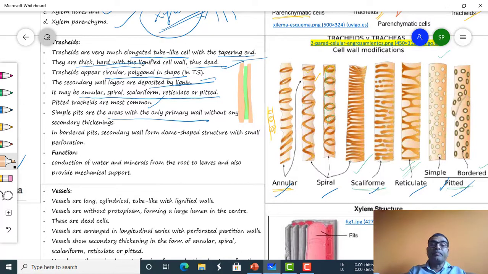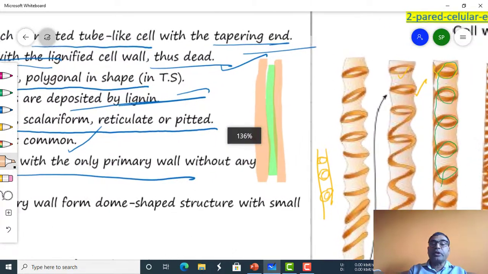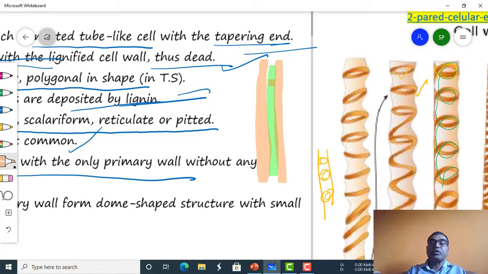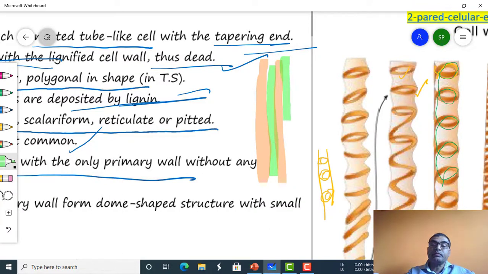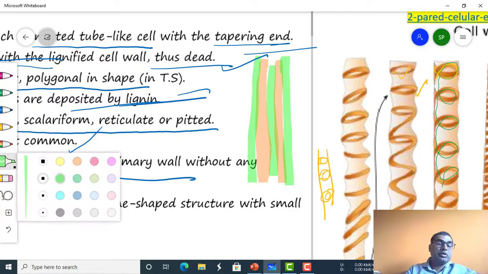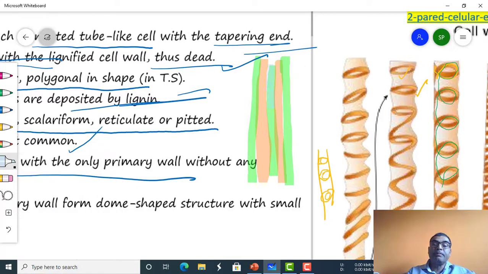So this region is the middle lamella. Now let me show you the secondary wall thickening. Let this be the secondary wall. So this secondary wall is present. Let me change the color of the middle lamella. So this one is the middle lamella.